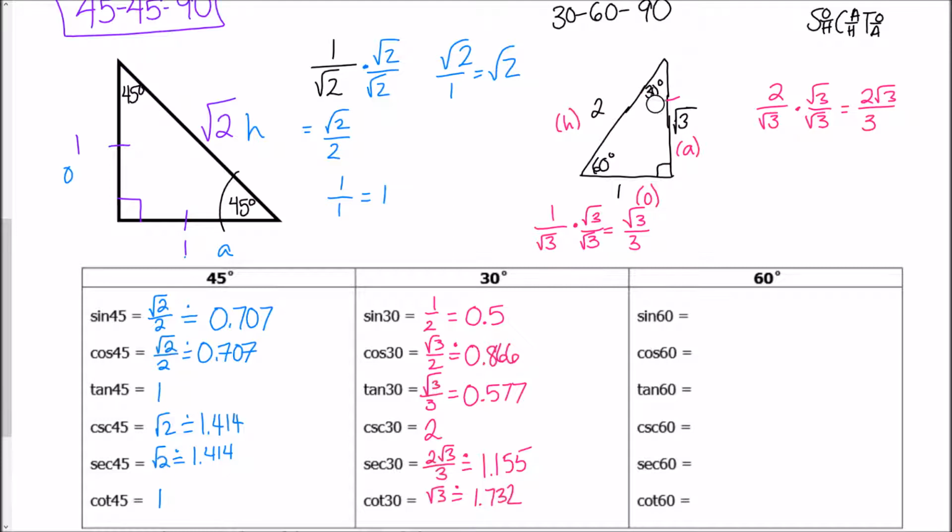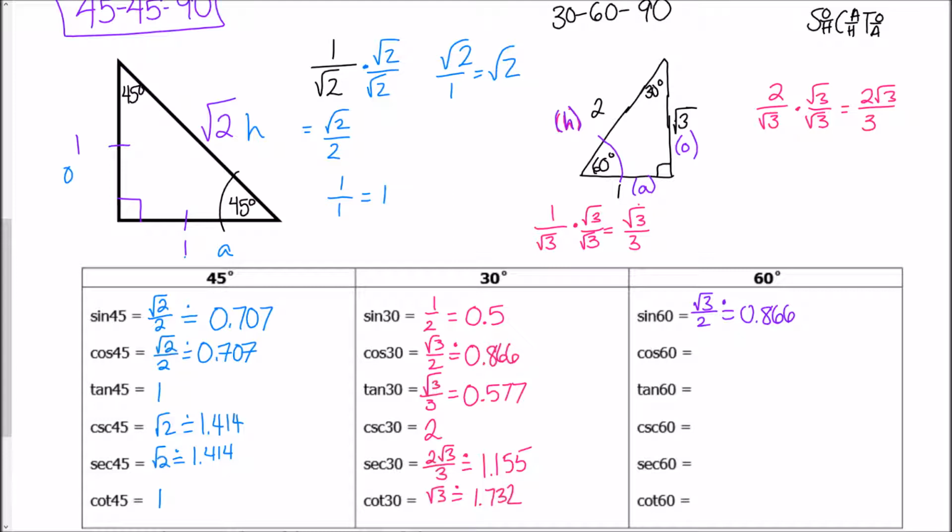So this time, this is the angle that I'm looking at, which means that the root 3 is now the opposite and the 1 is now the adjacent, but the 2 is still the hypotenuse. So to find sine of 60, I need to do opposite over hypotenuse, which is going to be root 3 over 2, and we figured out already that root 3 over 2 is approximately 0.866.